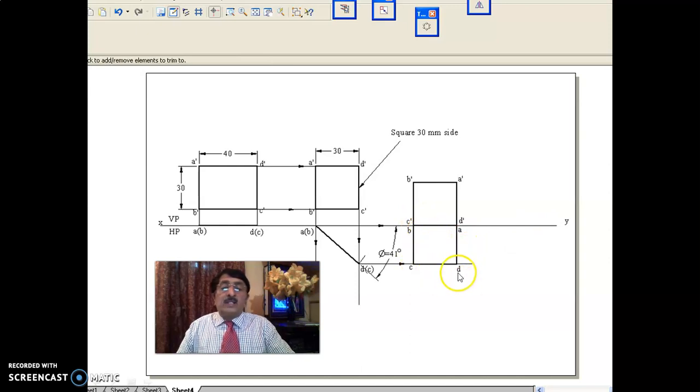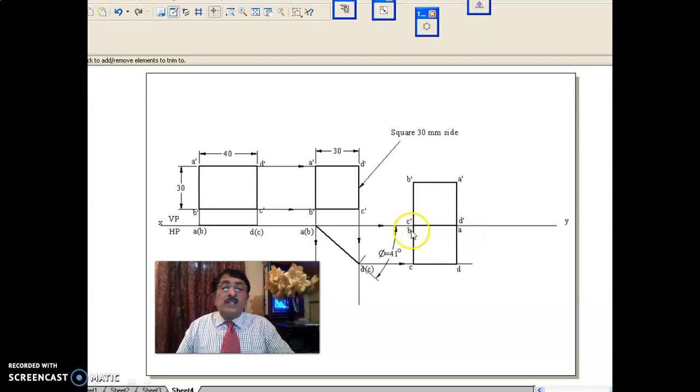Now if you look at this, looking at the XY line itself, you know clearly C dash D dash is on the XY line. Immediately, any dashes on the XY line, you say they are points lying on HP. Since it is C dash D dash, CD is in HP. And without dashes, AB is on the XY line, immediately you say AB is in VP.